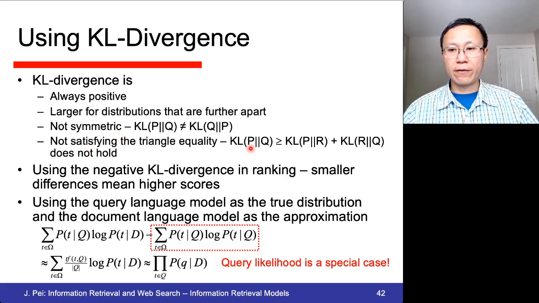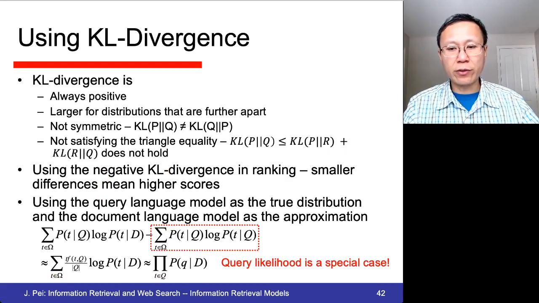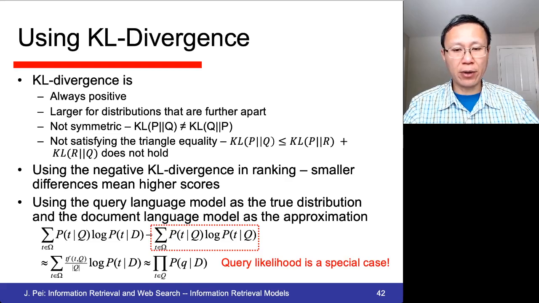If we have three distributions P, Q, and R, the KL divergence of P given Q may not be smaller than the KL divergence of, say, P to R and then R to Q. In many cases, we would like to use the query language model as the true distribution and use the document language model as the approximation.